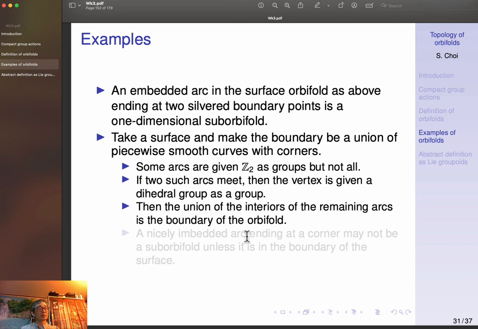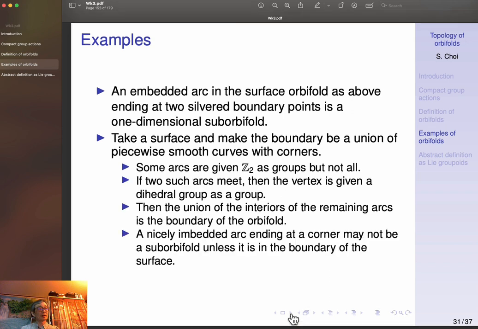Then the interiors of the remaining arcs are the boundary of the orbifold. These boundary points of the orbifold are non-singular points because the group itself is trivial. It's only modeled on the upper half space. So this will be the interior of the remaining arcs, and of course the mirrored parts are not singular.